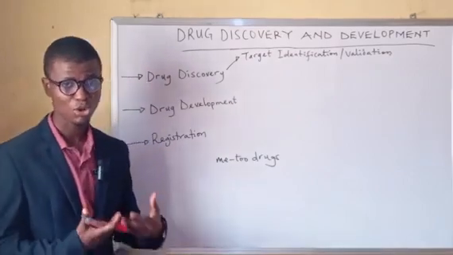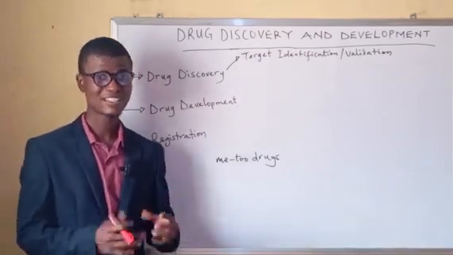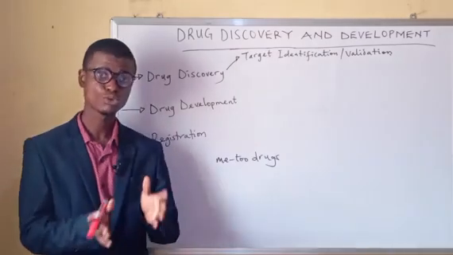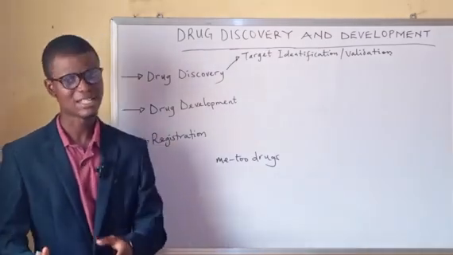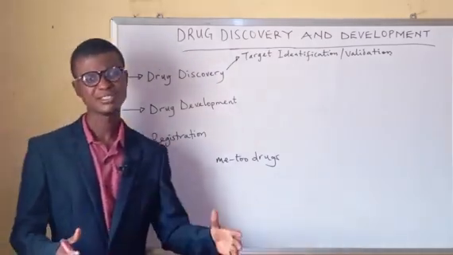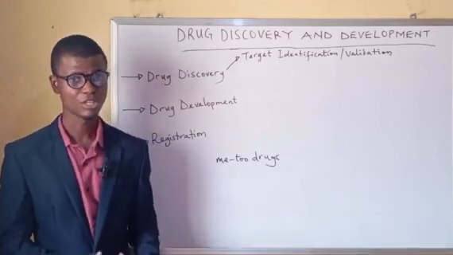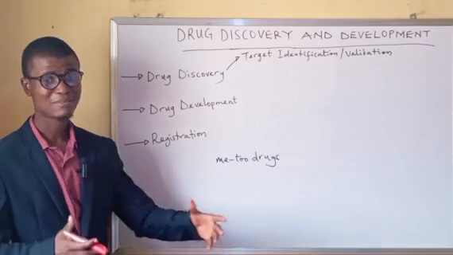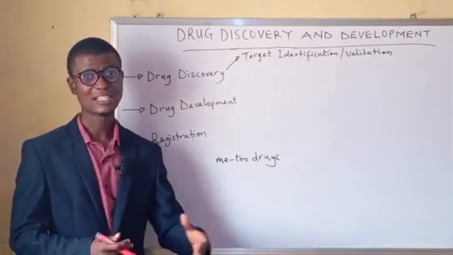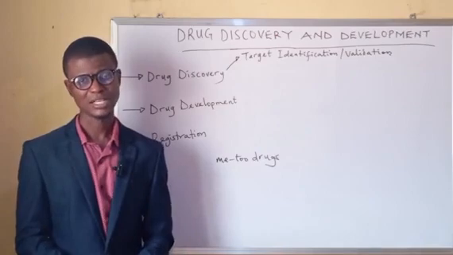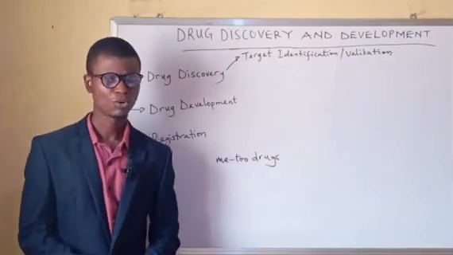So we would simply toe that line by also designing drugs that would act on that same target. In this case, drugs that are gotten from these processes are called me-too drugs. Drugs that act by the same mechanism of action and are structurally very similar. And we have a lot of them in the world today.